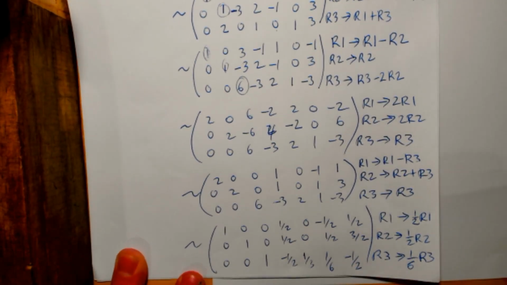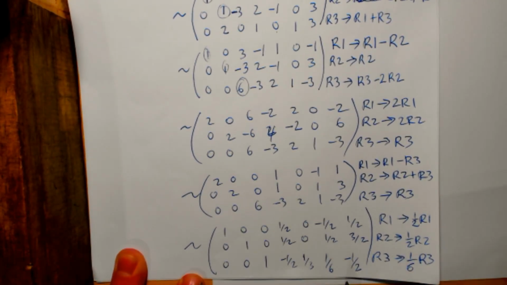Okay, and there we go. So this is in row reduced echelon form, and so we can now read off the inverse of the matrix.